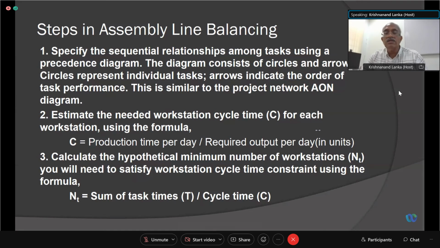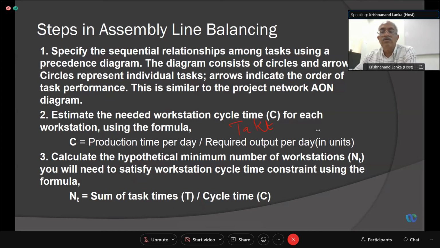So the second step is to estimate the needed workstation cycle time C for each workstation using the formula: C is equal to production time per day divided by required output per day in units. This needed workstation cycle time is nothing but your takt time.